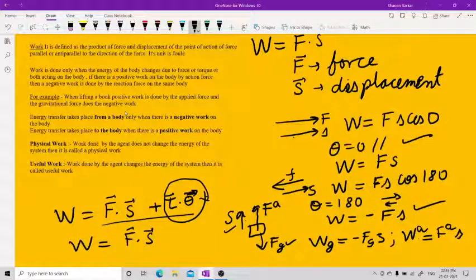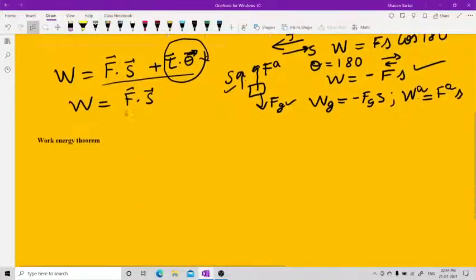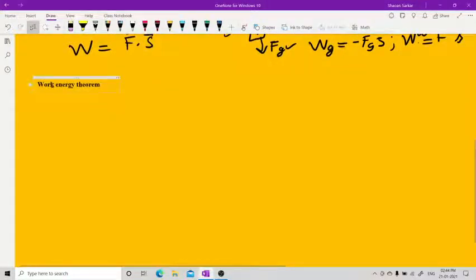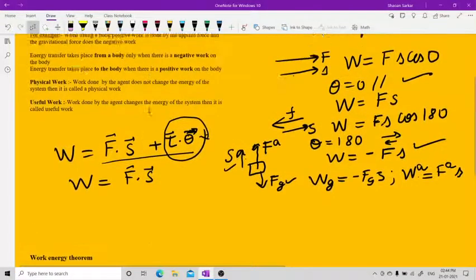Now, physical work, and there is something called useful work. You can read the definition. Physical work is the work that you do. We will work on the work energy theorem a little later. It is a very important theorem, and most of the time it comes in the external examination.